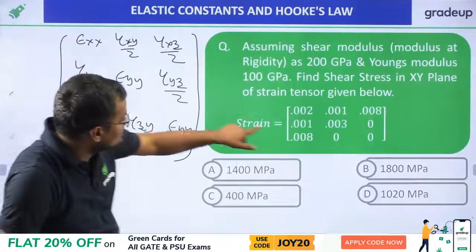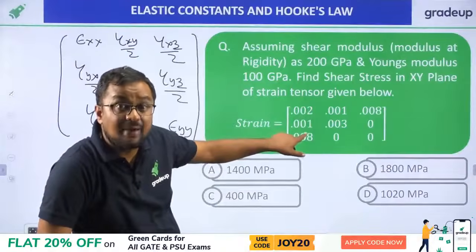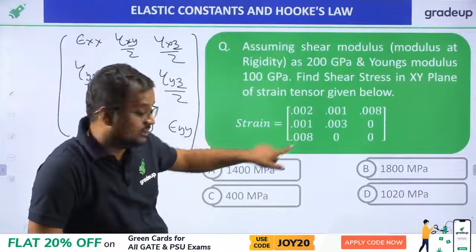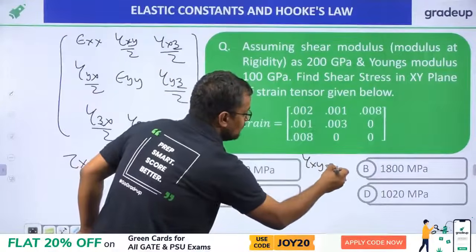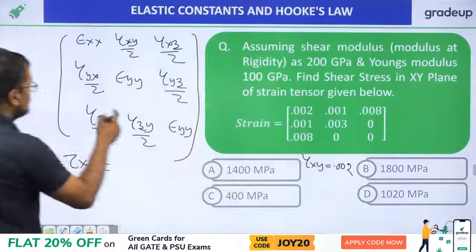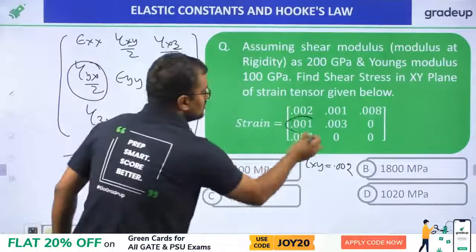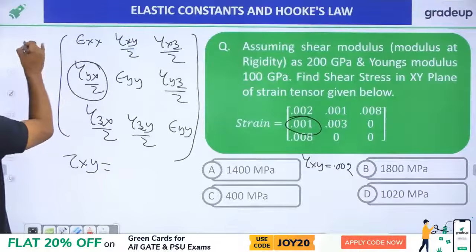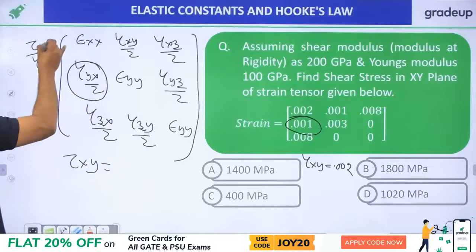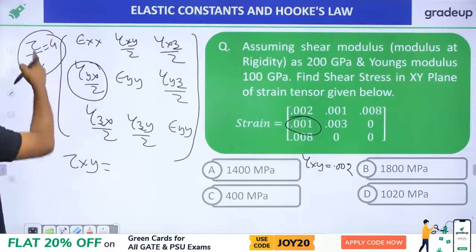See, gamma xy by 2 is 0.001. Therefore, how much will be gamma xy? Gamma xy will be 0.002. Shear stress by shear strain is equal to shear modulus. So shear stress is how much?